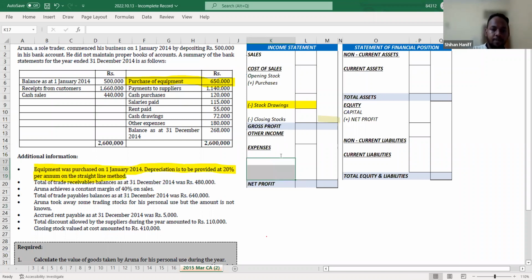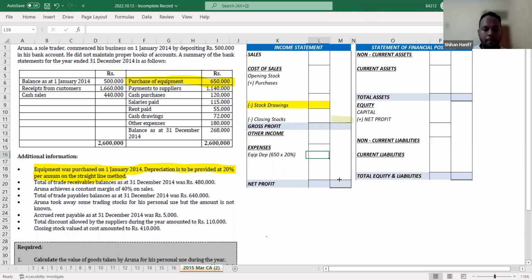How much is the depreciation of equipment? 650 into 20%. Purchased at the beginning. So full year depreciation will be calculated. 650 into 20% is 130.